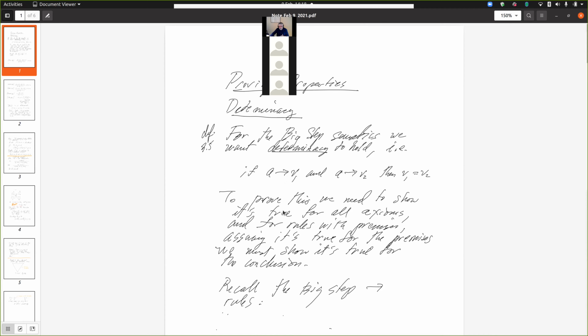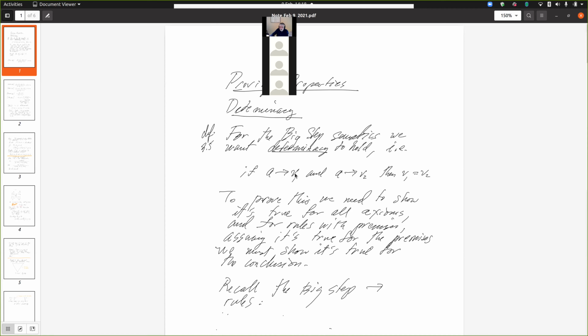Now, to prove this, what we'd like to prove is that this arrow relation, the big step transition relation arrow, is deterministic. And to prove it, we'd have to show it's true for all the axioms, because what's the way that we know that some A expression goes to some value?